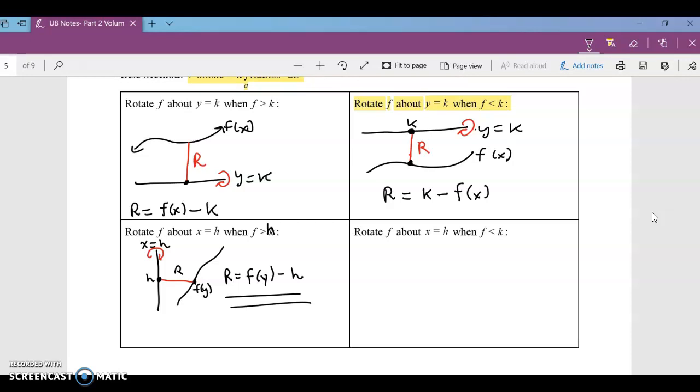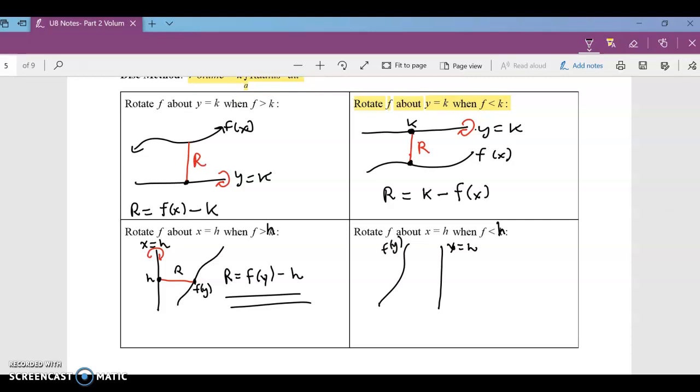One more. Rotate f about x equals h, where f is less than h. This time we're going to have a vertical axis, x equals h. This time I'll put my function f, which has to be with respect to y.